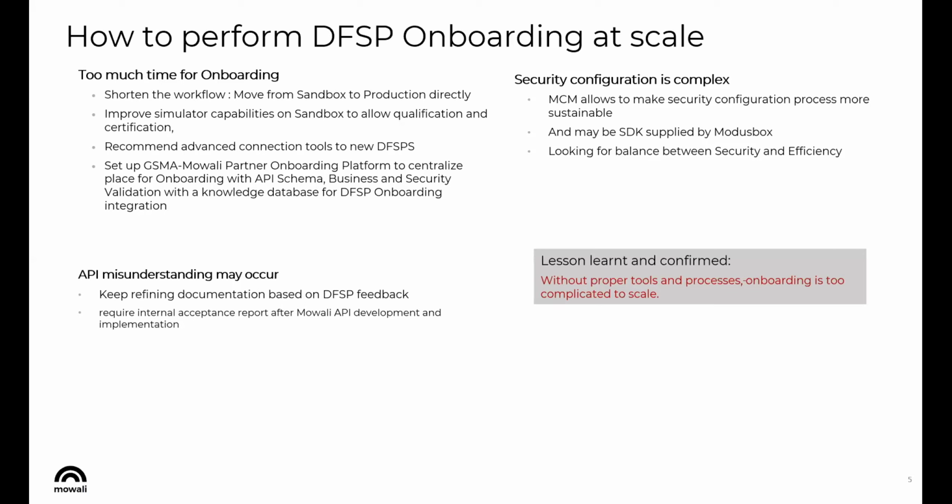The SDK supplied by Mojaloop is also a good point, because it allows making the interface lighter, since we just use HTTP between the SDK and the DFSP domain. We also need to look for a balance between security and efficiency, for example, to check if we need to run all the security layers on low environments, and to move this part only to production.